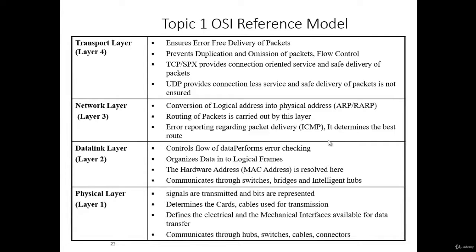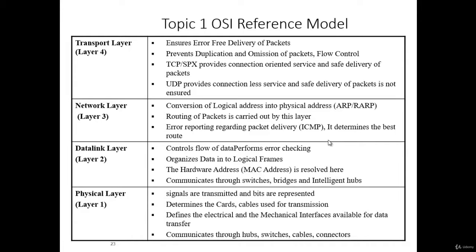UDP provides connectionless service and safe delivery of packets is not ensured. Network layer. Conversion of logical address into physical address. Routing of packets is carried out by this layer. Error reporting regarding packet delivery; it determines the best route.